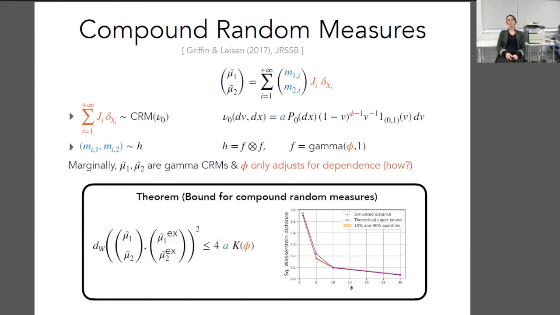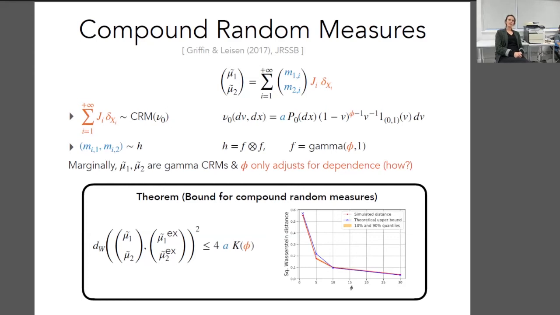Now I'll stick to one particular example of compound random measures, which is probably the most used one. Basically one takes the baseline completely random measure to be a beta completely random measure, and then one uses independent perturbations for the jumps distributed as a gamma.